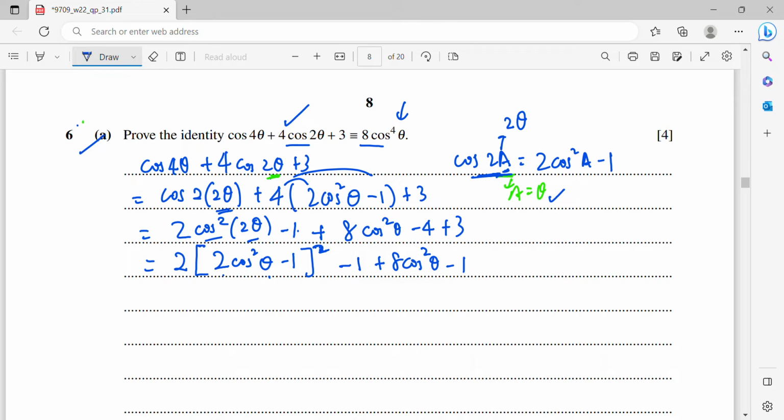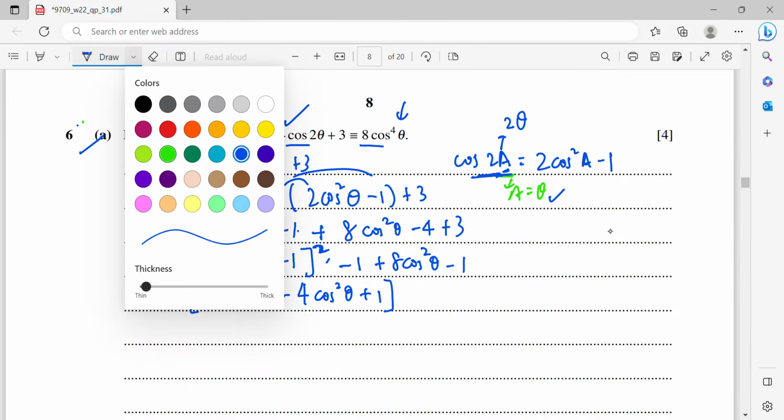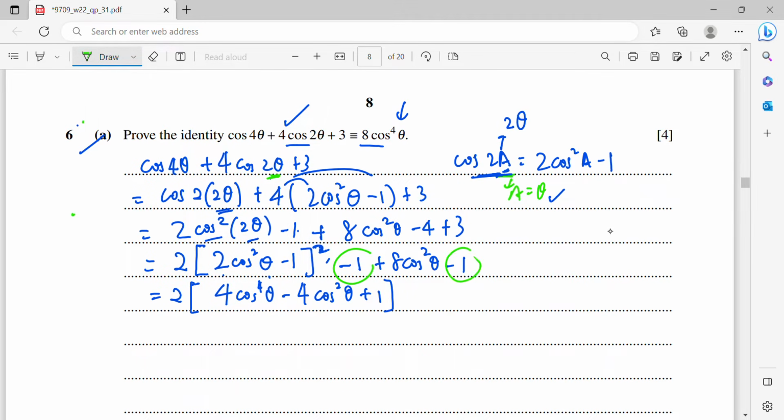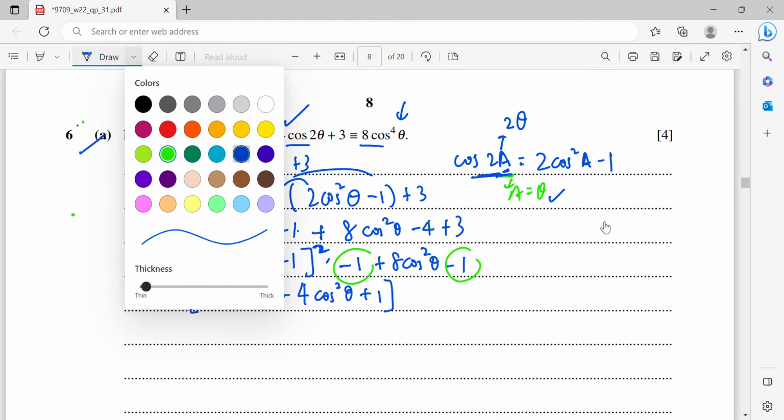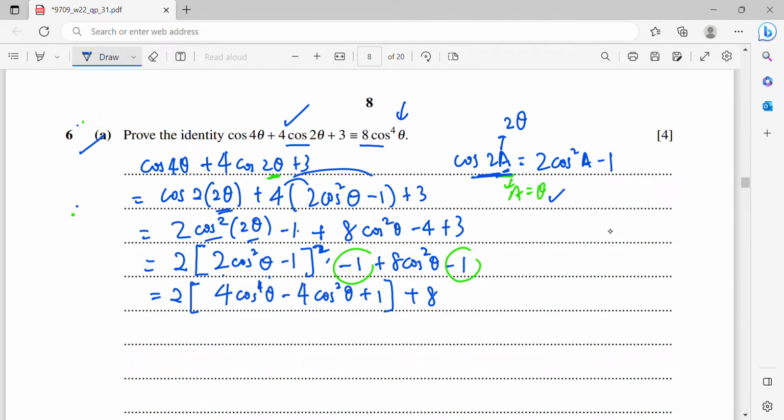Now we need to do the expansion for the square. This is a square, so I will get 2 cos squared theta minus 1, squared, which is basically 4 cos to the power 4 theta minus 4 cos squared theta plus 1. Then, when you look at the remaining terms, the minus 1 and minus 1 becomes minus 2. So I will get plus 8 cos squared theta minus 2. Next step, just do the expansion.